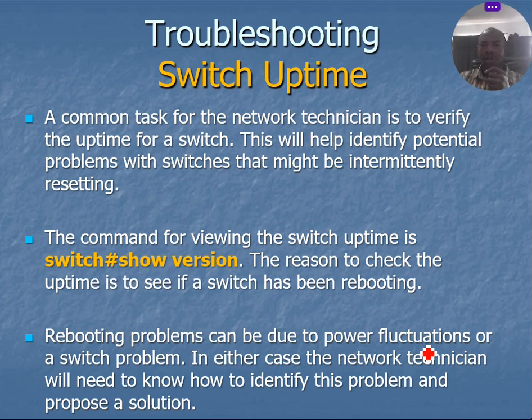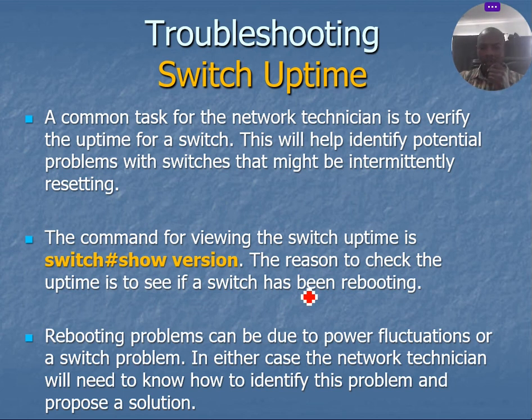It could be that the switch is just rebooting, so you have to check the uptime. The command for viewing the switch uptime is switch# show version. Once you run this command on your system, you'll be able to see whether the switch was rebooting continuously or constantly, or whatever problem it has.